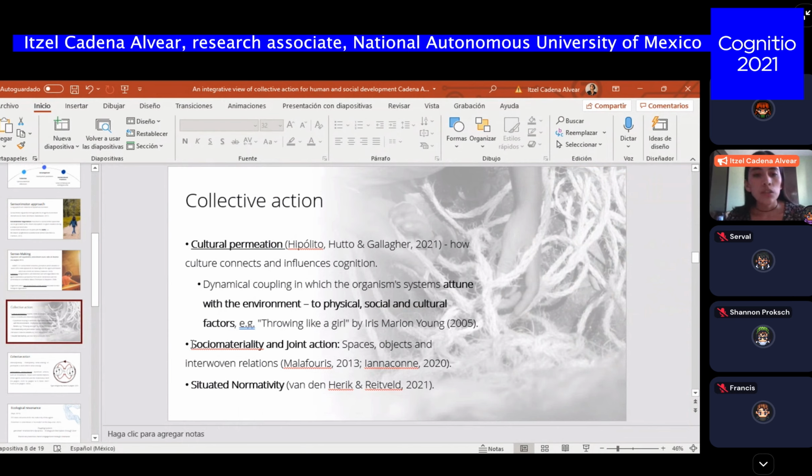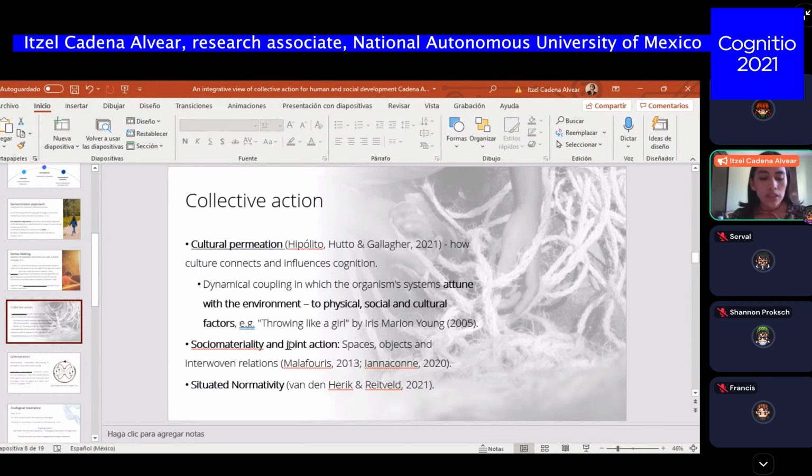And the next notion is also the social materiality and the joint action. The first one, the social materiality, is about how mental activities are not considered as decontextualized or isolated, but are interwoven in interactions among living systems, among individuals, and also among the physical and social worlds with the living organisms.